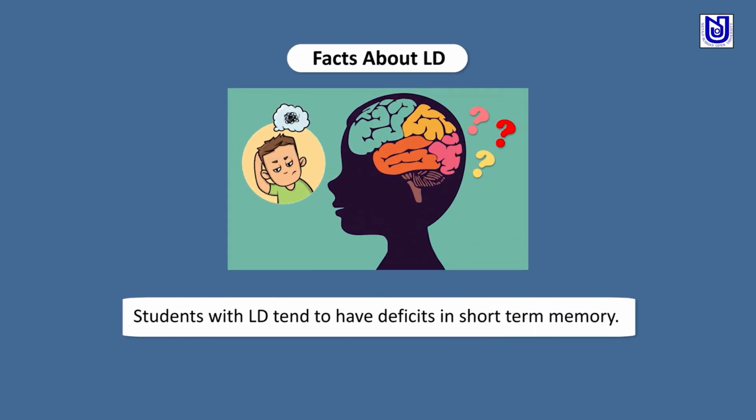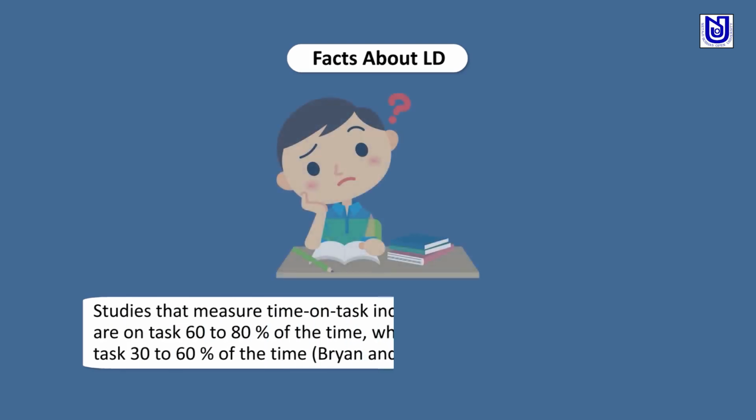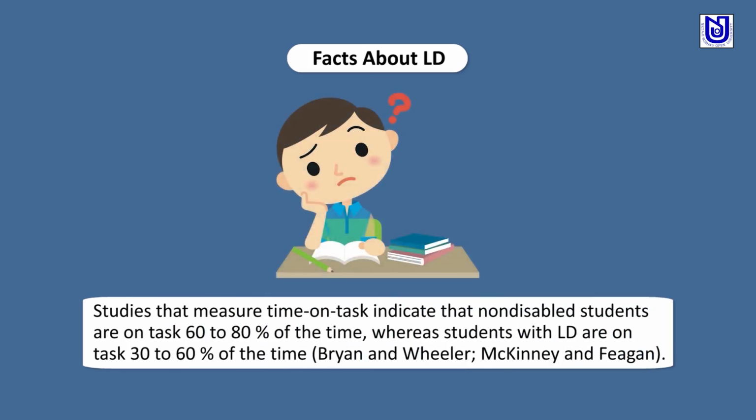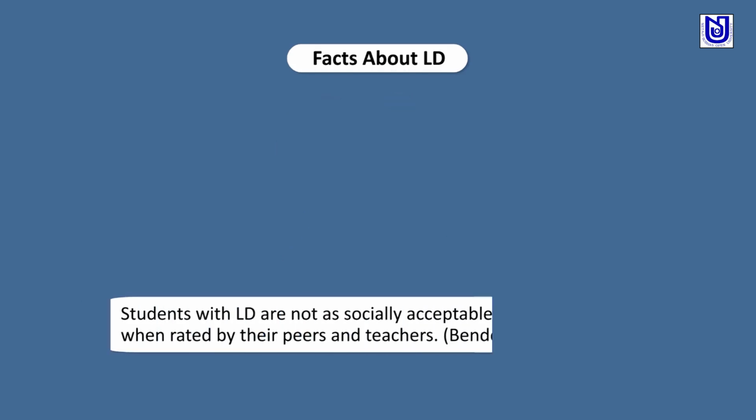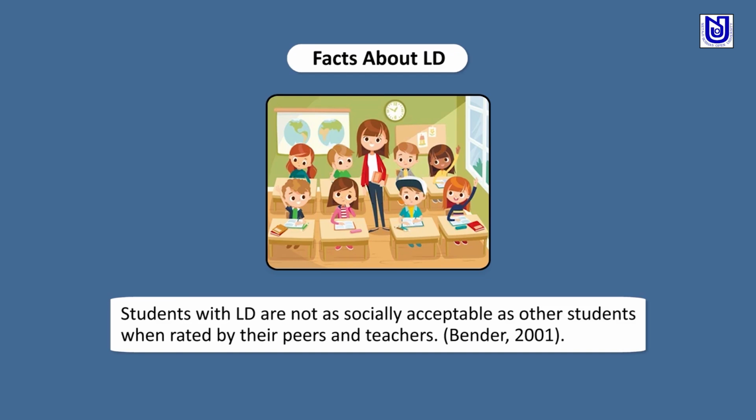Students with learning disability tend to have deficit in short-term memory. Studies that measure time on task indicate that non-disabled students are on task 60 to 80% of the time, whereas students with learning disability are on task 30 to 60% of the time. Again, students with learning disabilities are not as socially accepted as other students when rated by their peers and teachers. That is also found. These are some researches which show these results.